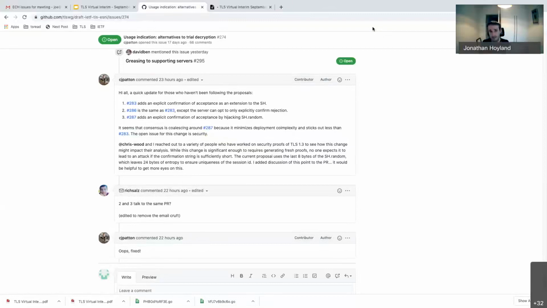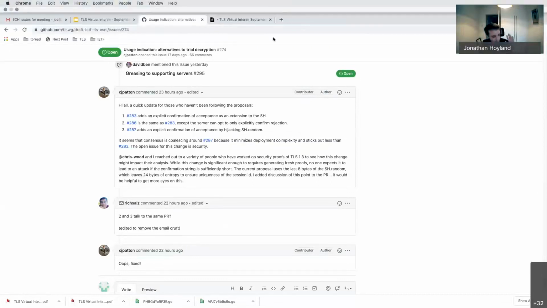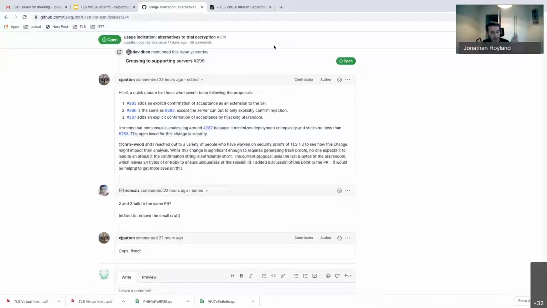And otherwise, if it was rejecting or if it couldn't decrypt, it would just put random data in this unencrypted extension. That would mean the external observer can't determine whether the server actually accepted or rejected. It can tell if the server doesn't support it, but it can tell that anyway. The external observer can't tell whether accept or reject, but the clients can.